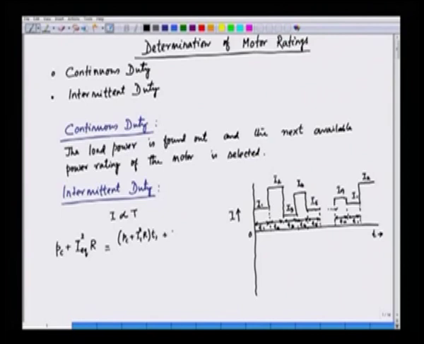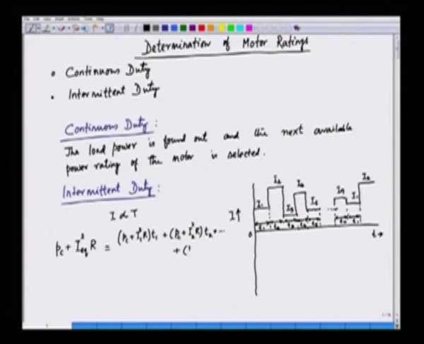Similarly for the interval T2, we have the same core loss plus a new current, I2. The resistance is the same in the motor, R, and this is for T2. And similarly we can go on writing these losses up to the nth interval.